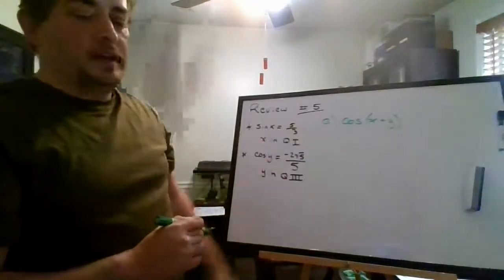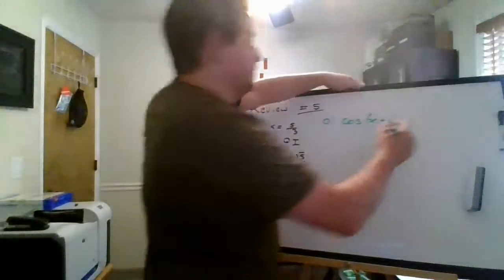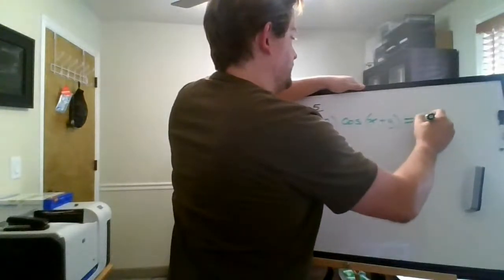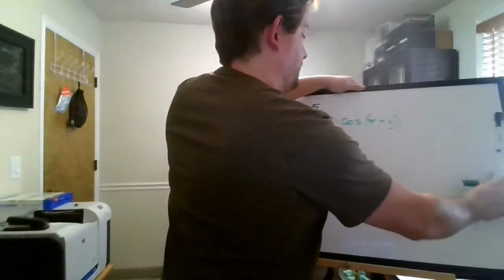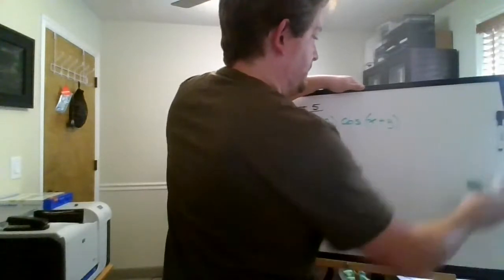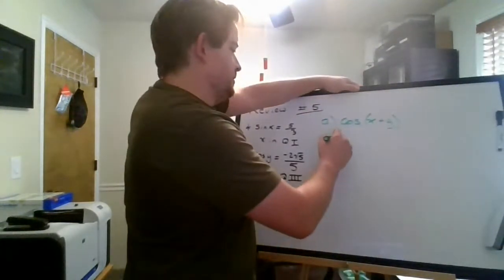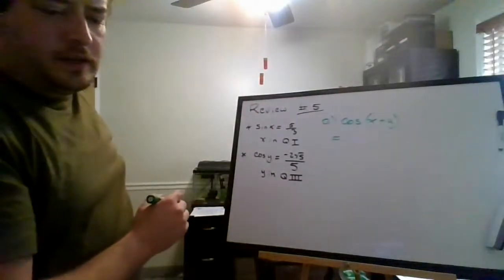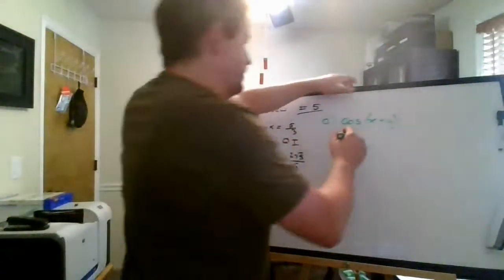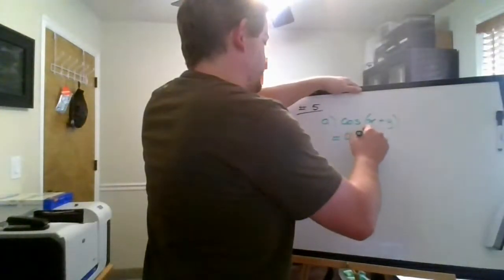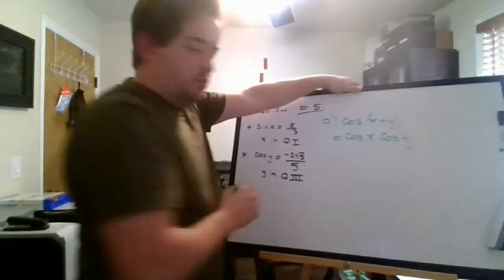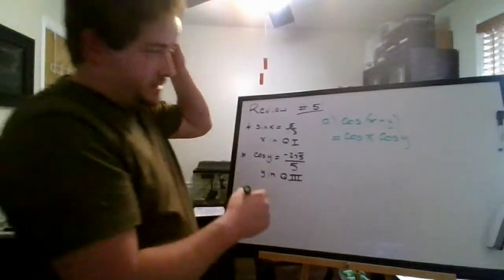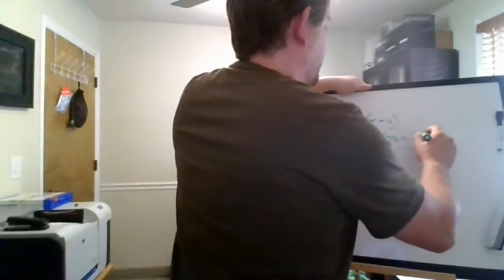It's a sum identity, right? This is equal to the cosine of x times the cosine of y, minus the sine of x times the sine of y.